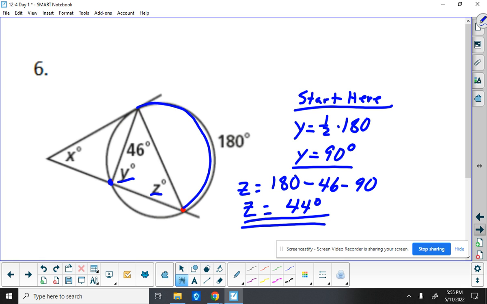From that z, which is also an inscribed angle because it's right there on the circle, when I look at the intercepted arc, it runs from here to here, which is the inner arc that I need to be able to find x.